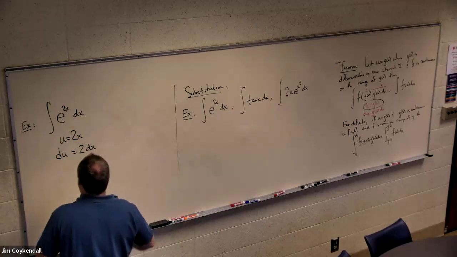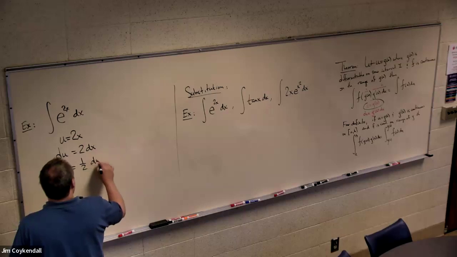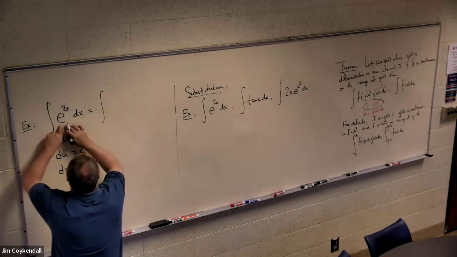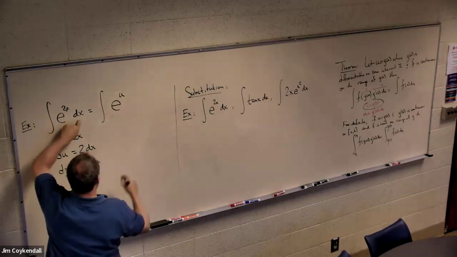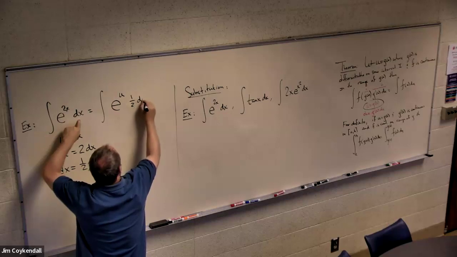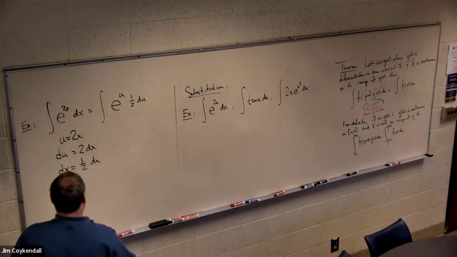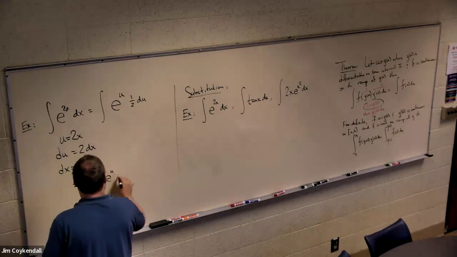So let's see here. dx is 1/2 du, right? So this becomes e to the u, and instead of dx, I have 1/2 du. So this is 1/2 times the integral of e to the u.